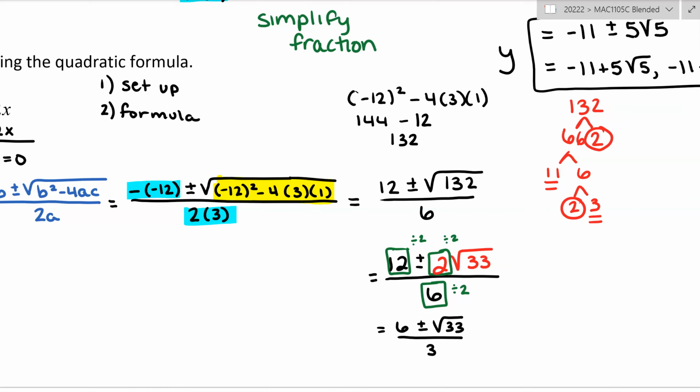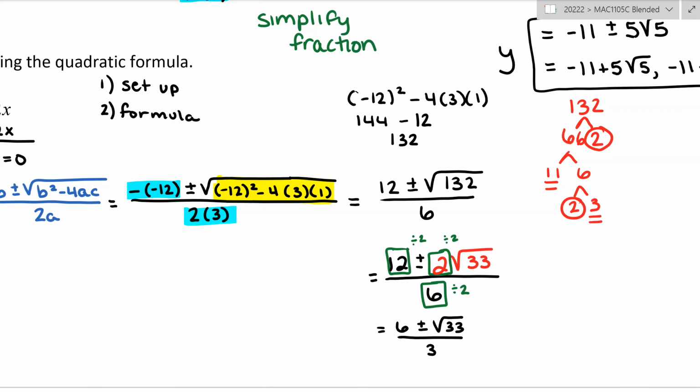Now again, somebody wants to cancel the 3 and the 6. Don't do it. The 6 is attached to addition and subtraction. Somebody wants to cancel the 33 and the 3. But again, don't do it, because not only is there addition on top, but the 33 is under the radical.